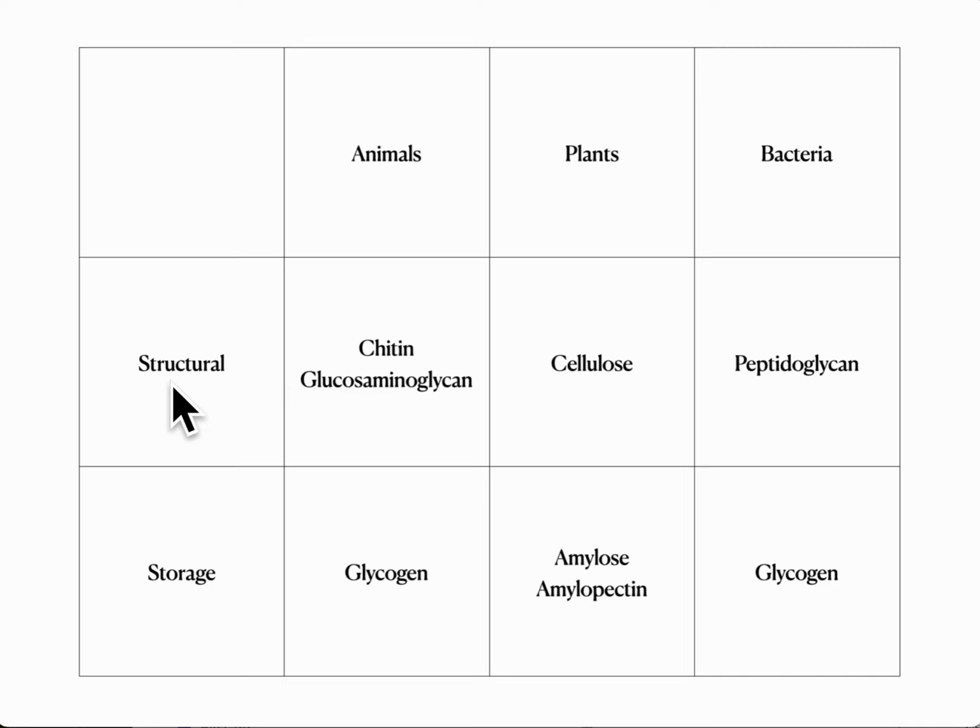So they can provide structural support, and also they can act as energy storage, right? So glycogen stores glucose in animals and bacteria, while amylose and amylopectin store glucose in plants. So that is what we're familiar with, right?